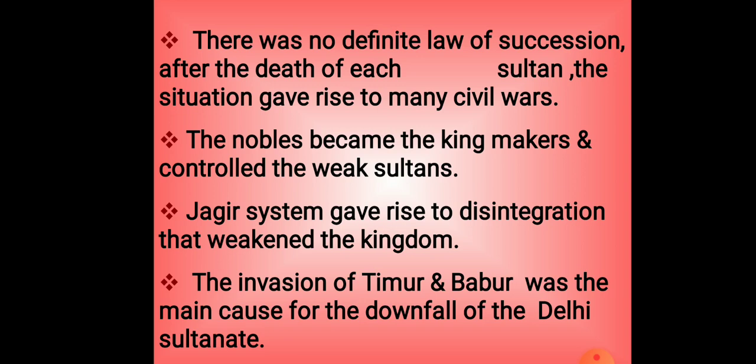The invasions of Timur and Babur were the main cause for the downfall of the Delhi Sultanate. So here we have the reasons why the Delhi Sultanate declined. These are some of the important reasons for the downfall of the Delhi Sultanate.